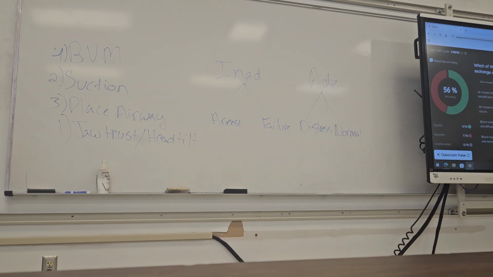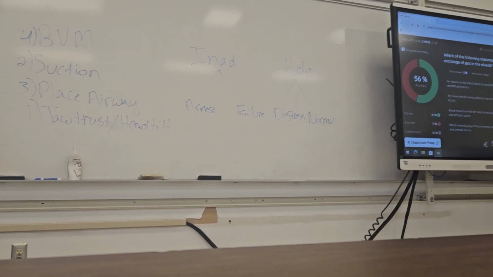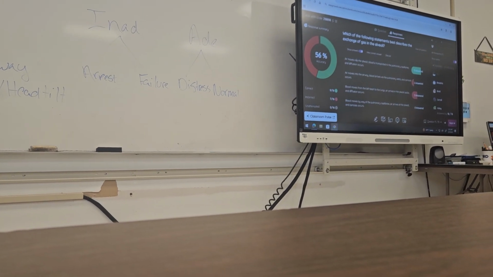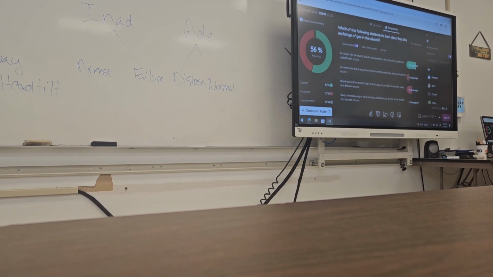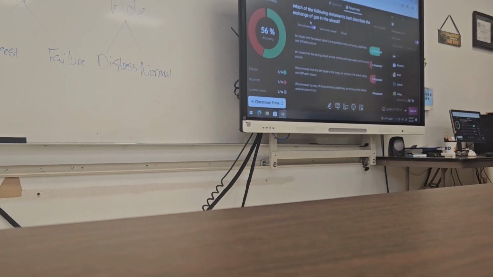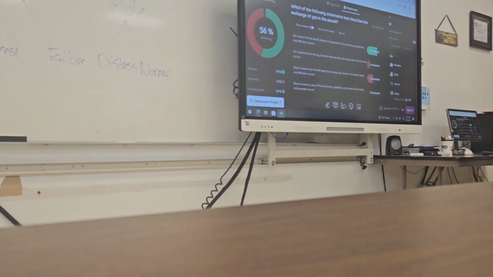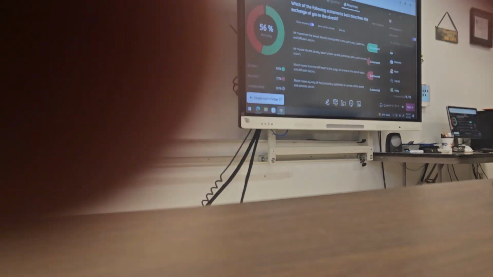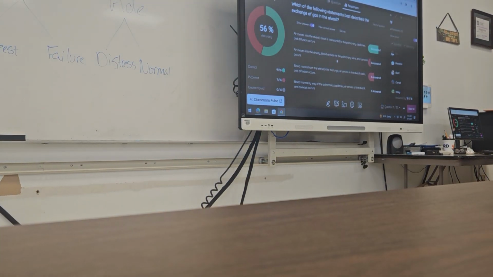What is diffusion? Molecules moving from high concentration to low concentration. Our oxygen molecules are moving from the alveolar sacs into the blood because there are low oxygen levels in the blood, and our carbon dioxide is moving out of the blood where it's highly concentrated into the alveolar sacs to be breathed out.